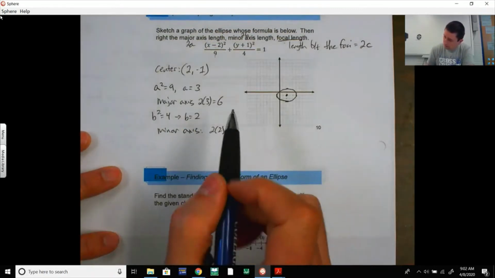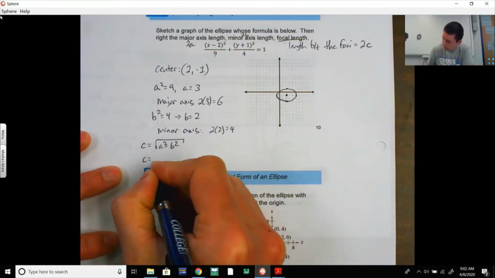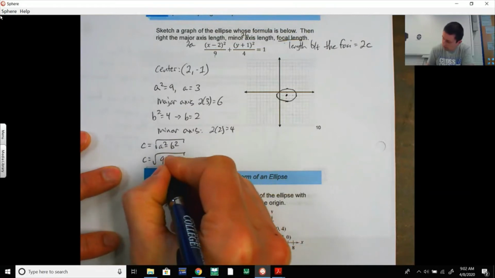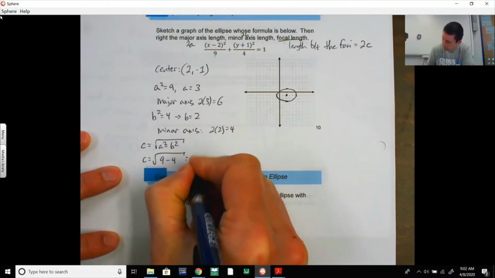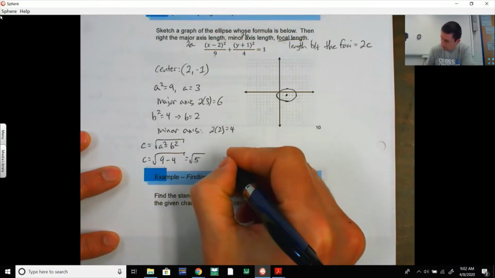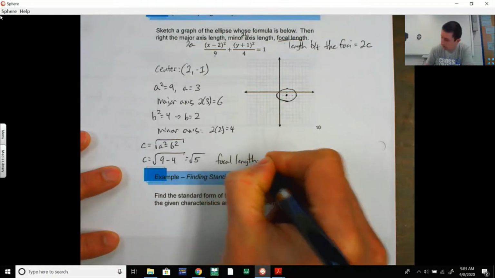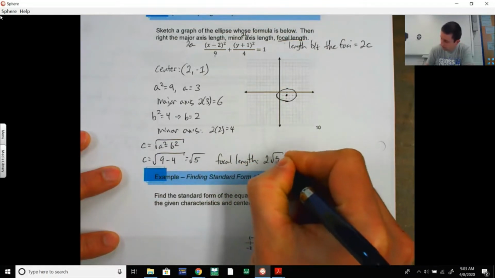Final thing is the foci. c is the square root of a squared minus b squared. a squared was 9 minus b squared, which is 4, so c is the square root of 5. That means our focal length is 2 times the square root of 5.